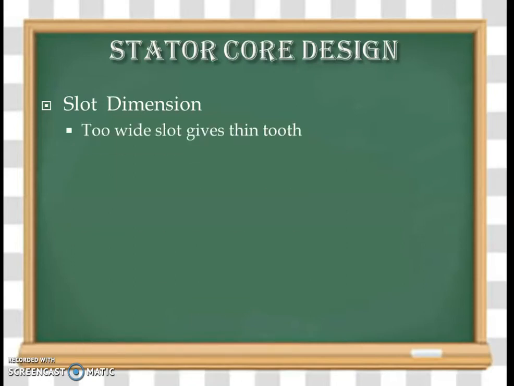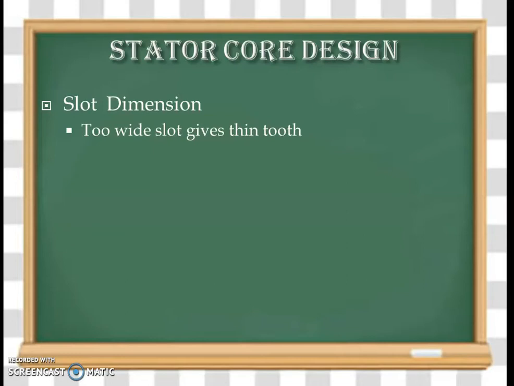For slot dimension, we normally consider depth of the slot and width of the slot. Now we have to consider how to take depth as well as width. For example, too wide a slot gives a thin tooth. Now we know that if tooth area is very less, then we have increased flux density. There is always a chance of saturation.